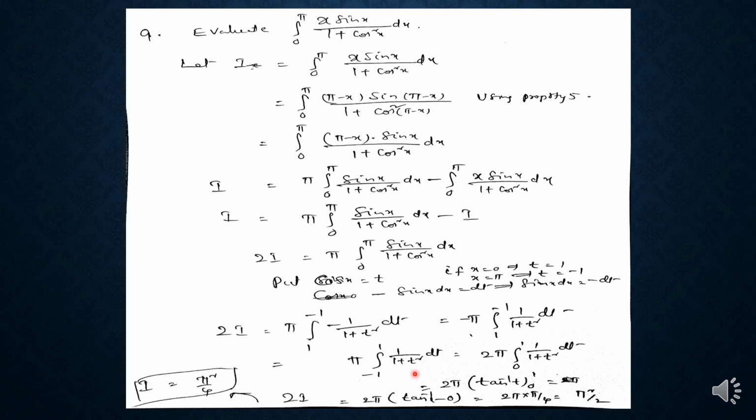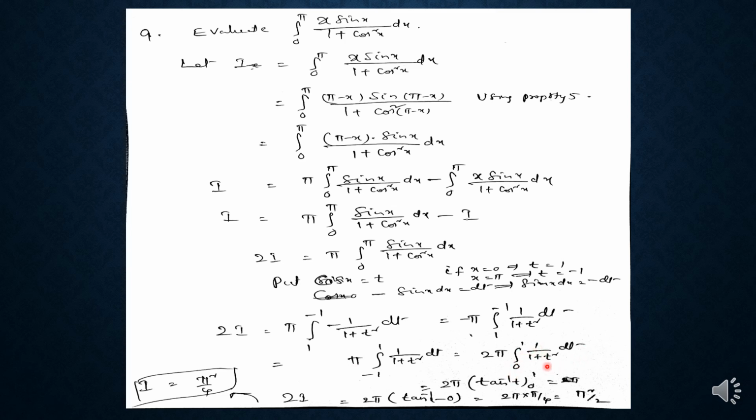So f of t is equal to f of minus t. So this is an even function. So we can write these limits as 2 into integral 0 to 1 by 1 plus t square dt. So that becomes 2 pi into integral 0 to 1 by 1 plus t square dt.